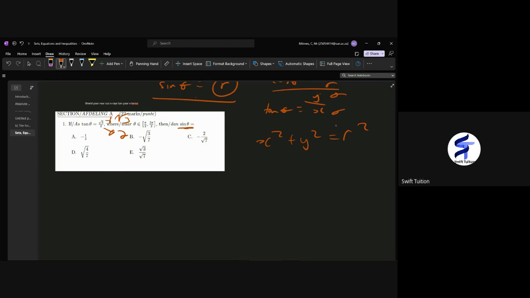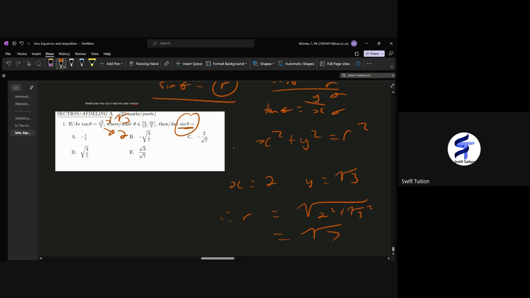So I can rewrite this to say that x is equal to 2, y is equal to √3. Therefore, r is equal to the square root of 2 squared plus √3 squared, right? And then I can solve for that. So 2 squared is 4, plus 3, that's going to give me √7, right? And I'm looking for sine of theta.